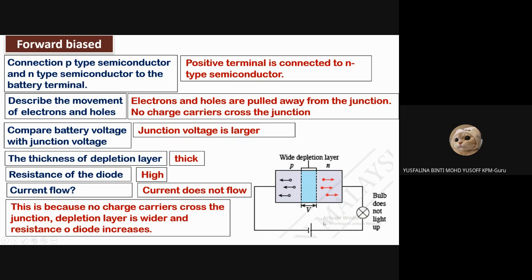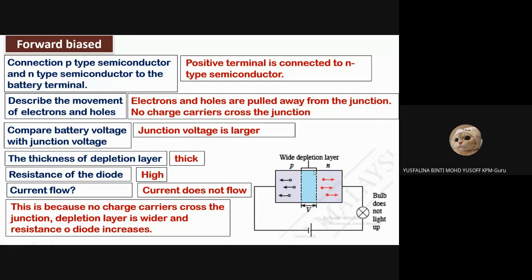This one is also the same, positive and negative. Different charges attract each other, so this one will also be pulled. This one also pulls, which means the depletion layer will become wider. You know already that the wider the depletion layer, the larger the junction voltage.